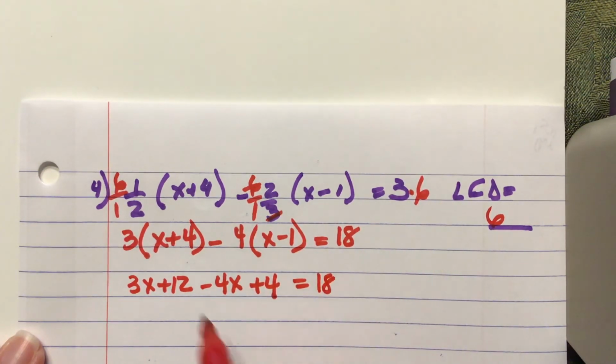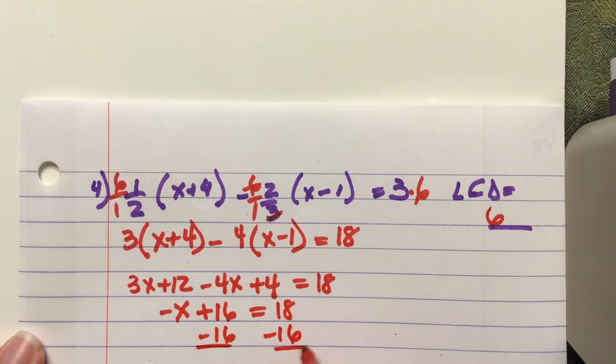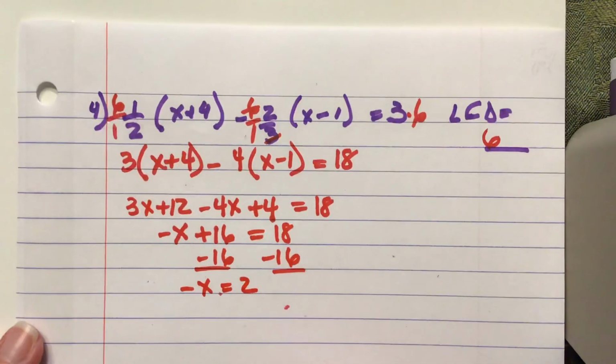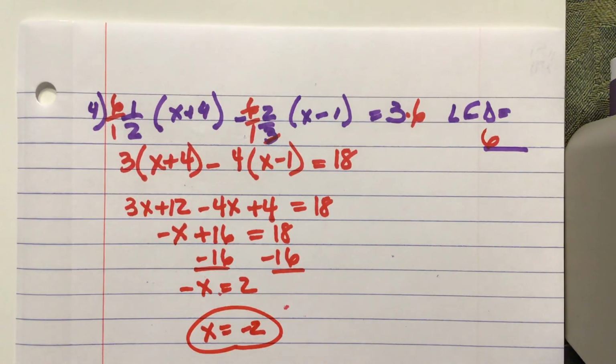Now I can add up my like terms. 3x minus 4x is a negative x. 12 and 4 is a positive 16, and that equals 18. I'm going to subtract 16 on both sides, and I get negative x is equal to 2. And I don't want negative x, I want x, so I'll divide everything by negative 1. So x equals negative 2. And now I've cleared my fraction and solved.